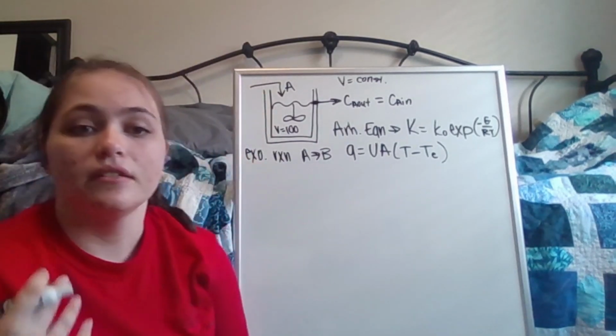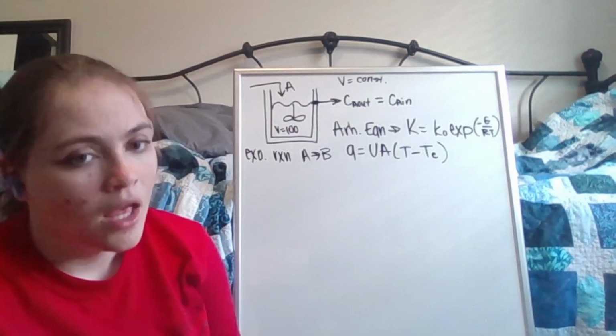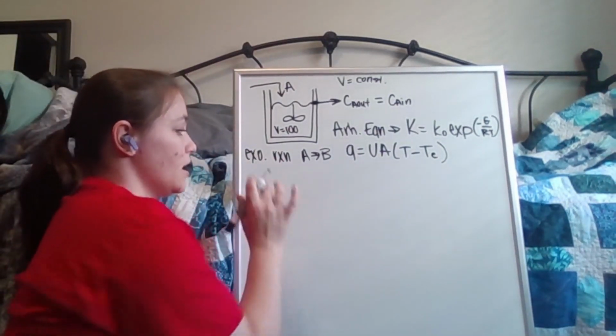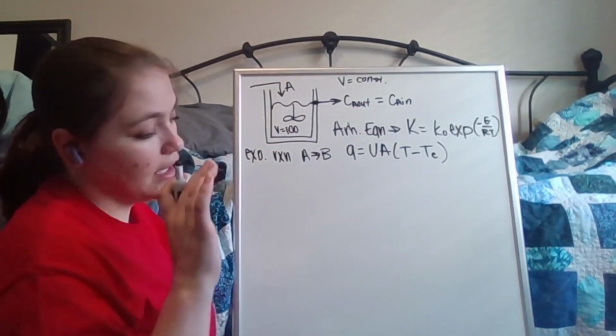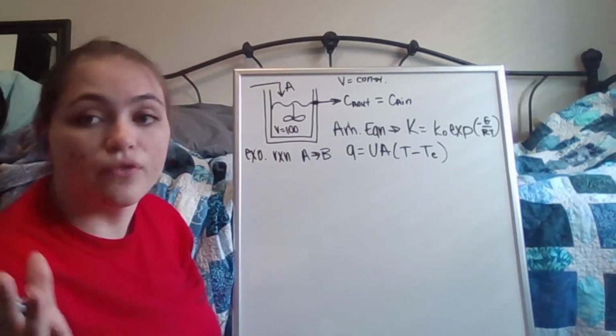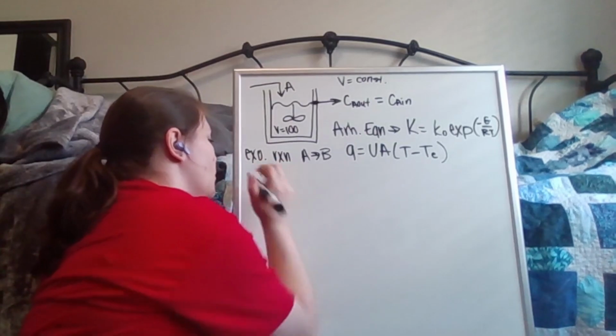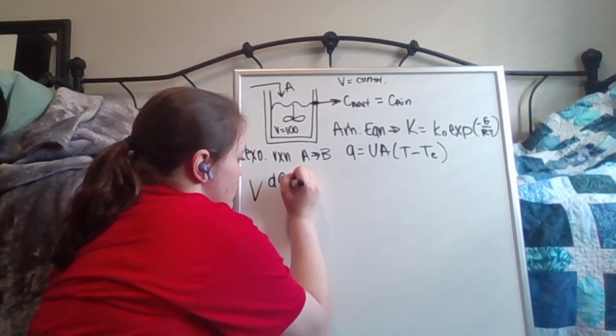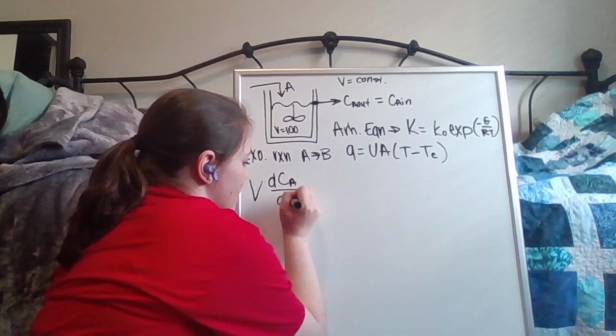All right. And so let's look at our change in concentration. So our dCA over dt. And so to start with, because our volume is constant, we don't have to put it behind the differential like we did for the previous problem. We'll write through, and so we just put the volume dCA over dt.